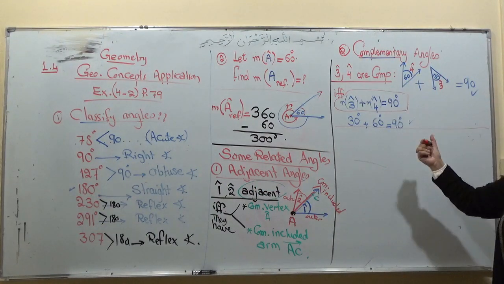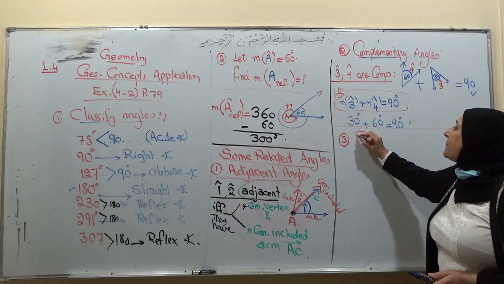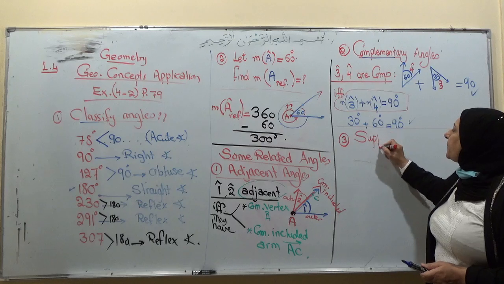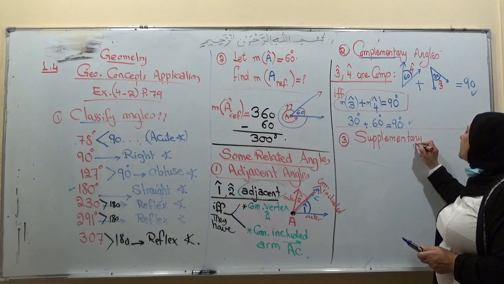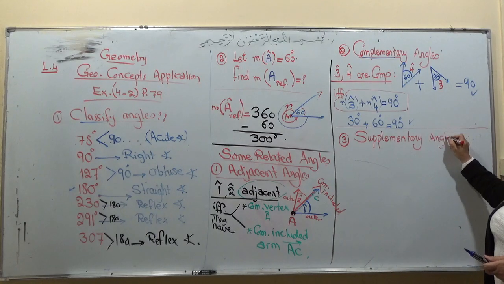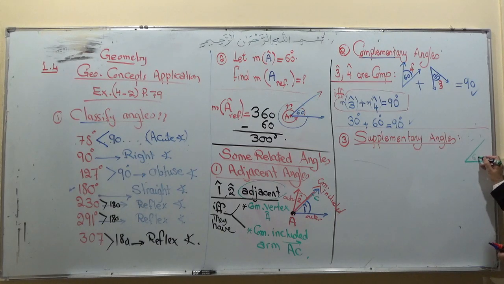Complementary angles, second relation. Number 3, the supplementary angles. It's very simple. Look at the last one. If you have one angle that is, for example, 60 degrees, this is the first angle, and you have another one.